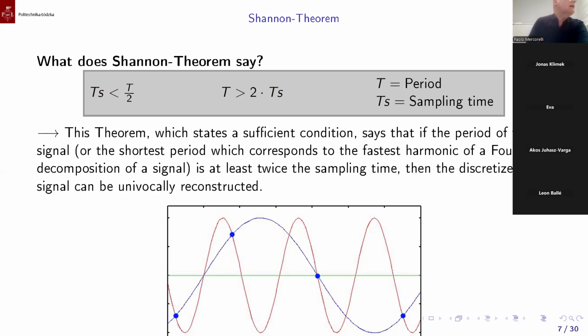Of course, here it is not an approximation, because it seems that the blue line and the red line both meet the points. The problem is this one. It's not a problem of approximation, of course. It's a problem of the reconstruction.